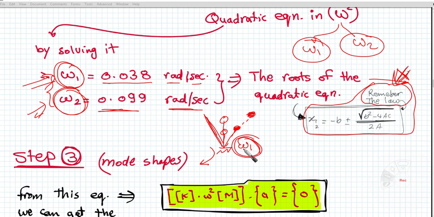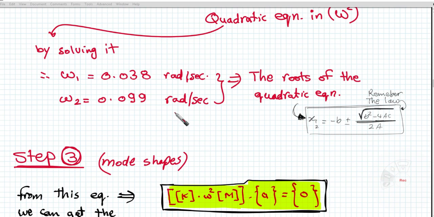I'm going to talk about this in detail toward the end of the presentation. And omega 2 is going to be associated with the second mode shape, which is going to be something like this. Now this is the second step, and we have obtained omega 1 and omega 2.